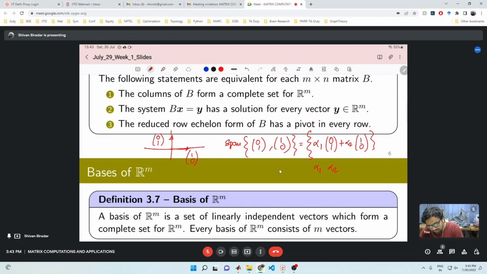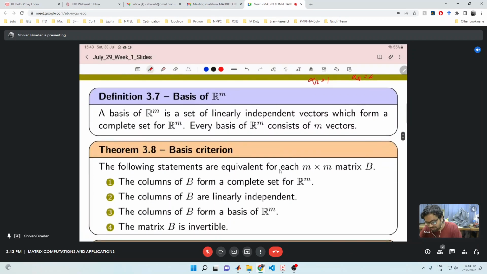This set has an infinite number of elements because you can take any value of alpha 1 and alpha 2 and generate vectors in this space. If alpha 1 equals 1 and alpha 2 equals 1, you will get this vector. If alpha 1 equals 2 and alpha 2 equals 2, you will get this vector. So basically, span is the set of all the linear combinations of the vectors.